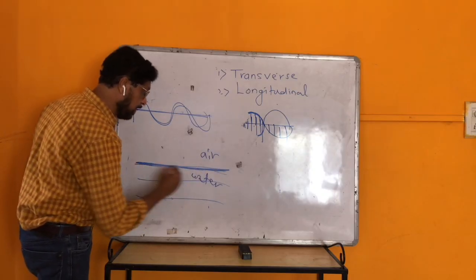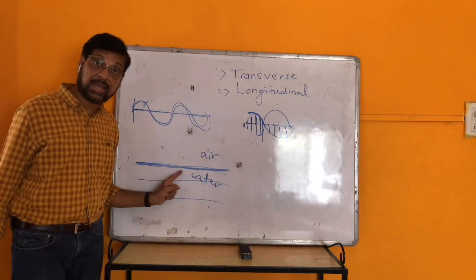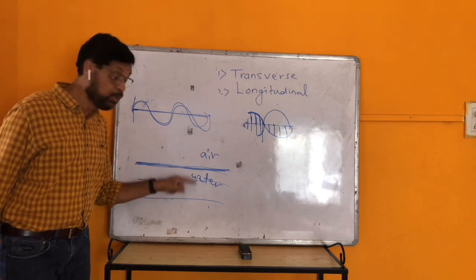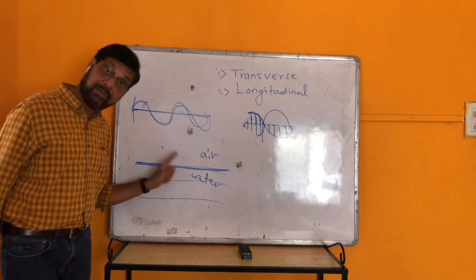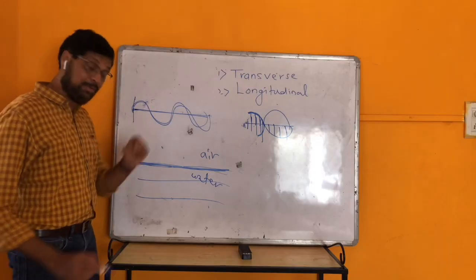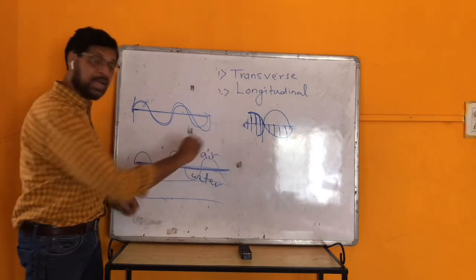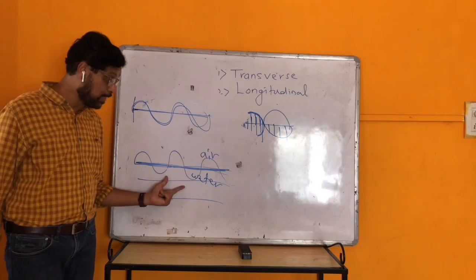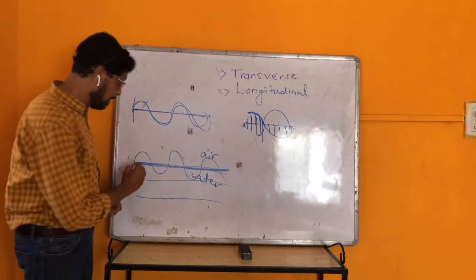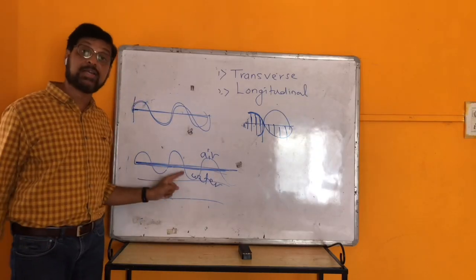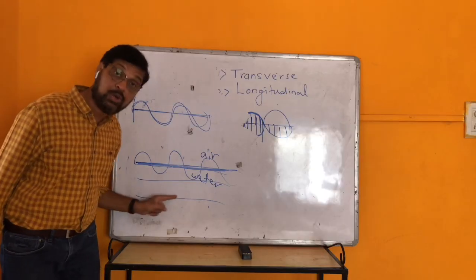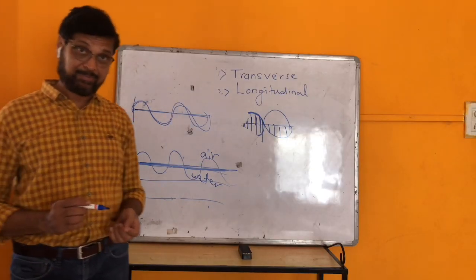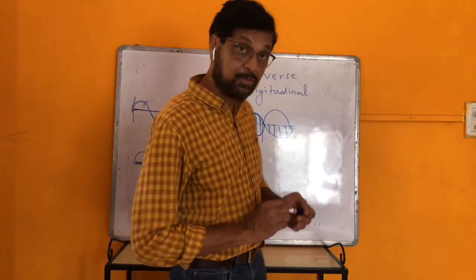This is called interface. काय म्हणतात याला? Interface between two media. दोन मीडियम मधलं इंटरफेस. इथं जी वेव्ह असेल ती असते transverse wave. So transverse wave can travel through solid and they can travel over the interface. They cannot travel through liquids and gases. That is the property of a transverse wave.